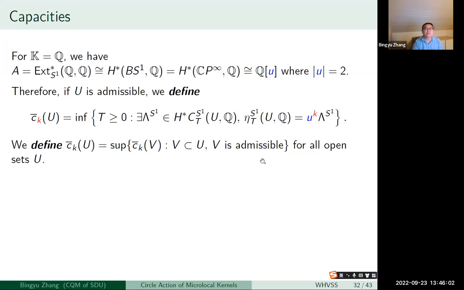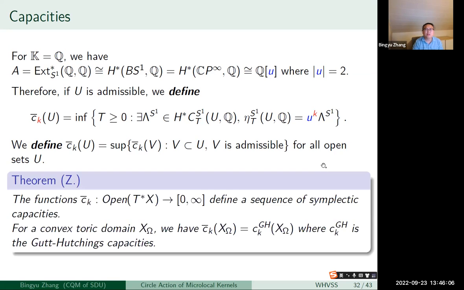In general we approximate a general open set by admissible sets, and the theory is a functor. All of these define a sequence of symplectic capacities. For combinatorial domains, we can compute that it is equal to the Gutt-Hutchings capacity, and also equal to the Ekeland-Hofer capacity.